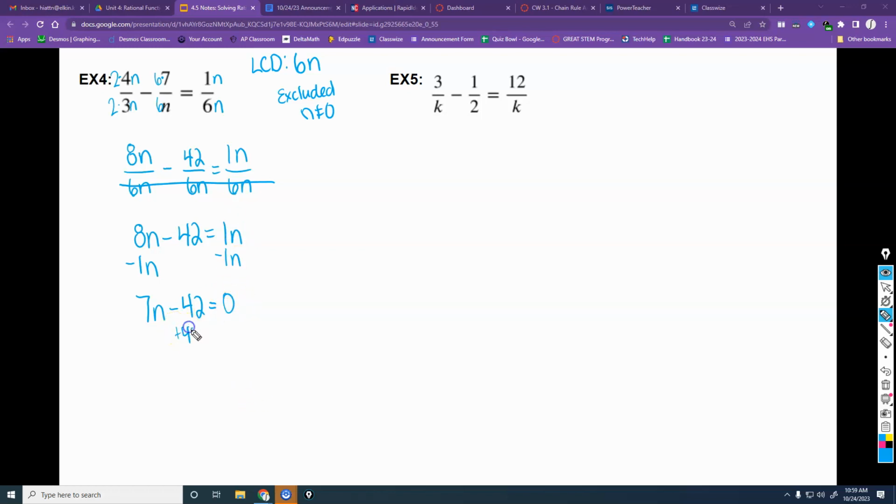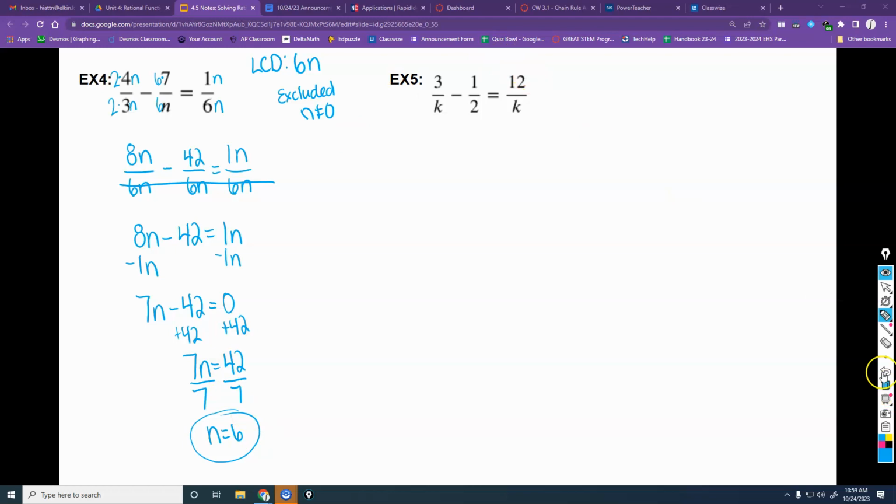So I'll add the 42 now. So if 7N equals 42, divide by 7, and we get 6. Was that our excluded value? It was not, so it's okay as our answer. We're okay there?